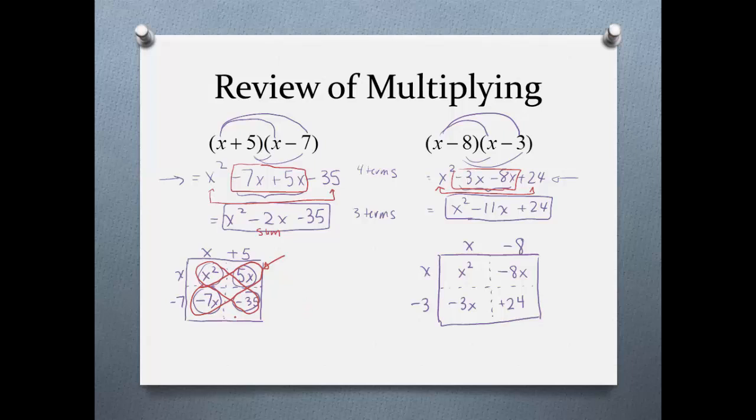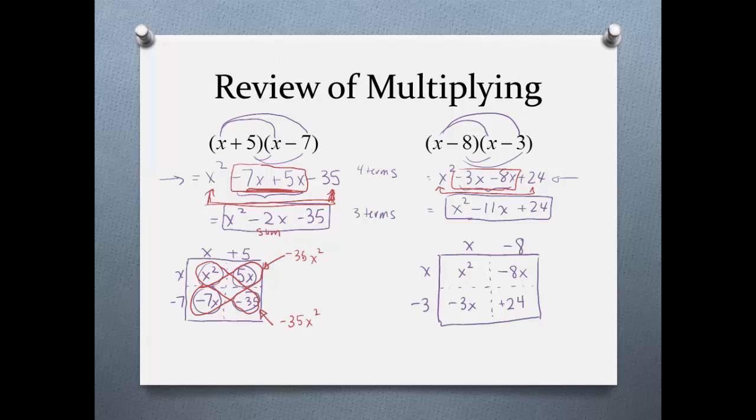And the other thing that happens is that when you multiply across the diagonal in this box, which is the same as multiplying these two middle terms and these outside end terms, you get the same thing. Negative 35 times x squared is negative 35x squared, and negative 7x times 5x is negative 35x squared.